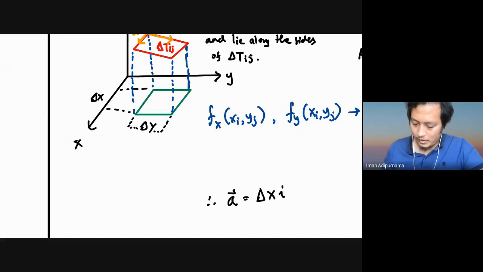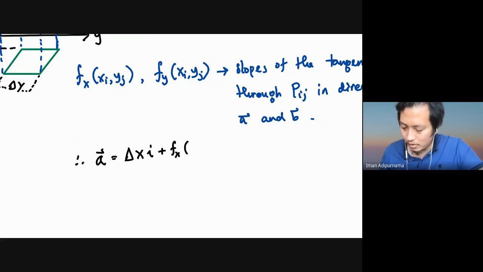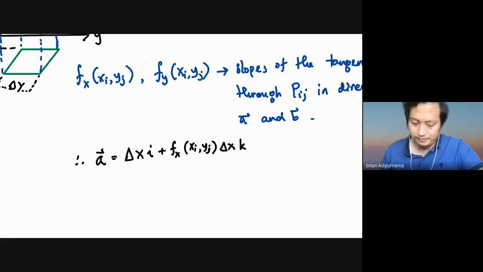So delta x i plus the slope of the tangent multiplied with delta x and then k.